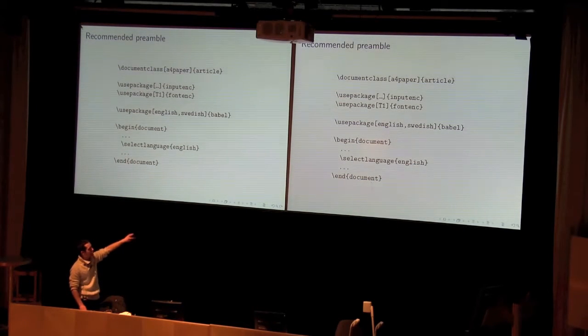If you have to switch between languages, so you declare both English and Swedish, the last one is always used. If you want to change during the document, you just have to use select language. This is a command that is defined by the Babel package. Okay? Yes?